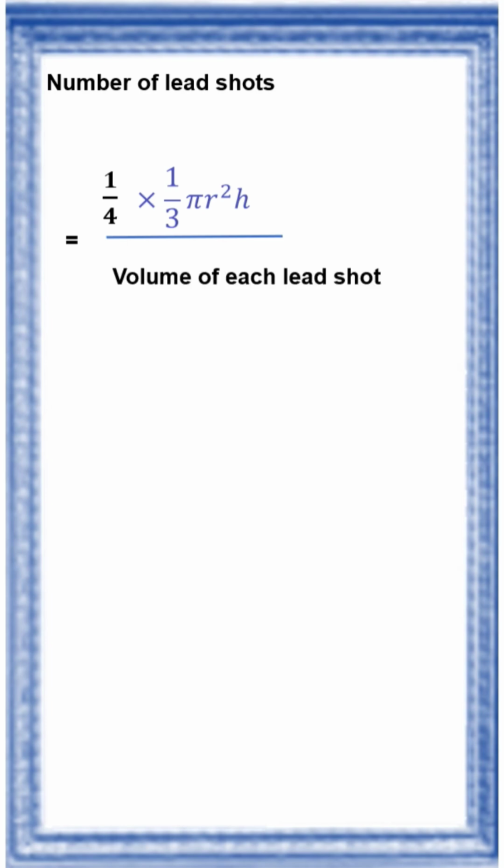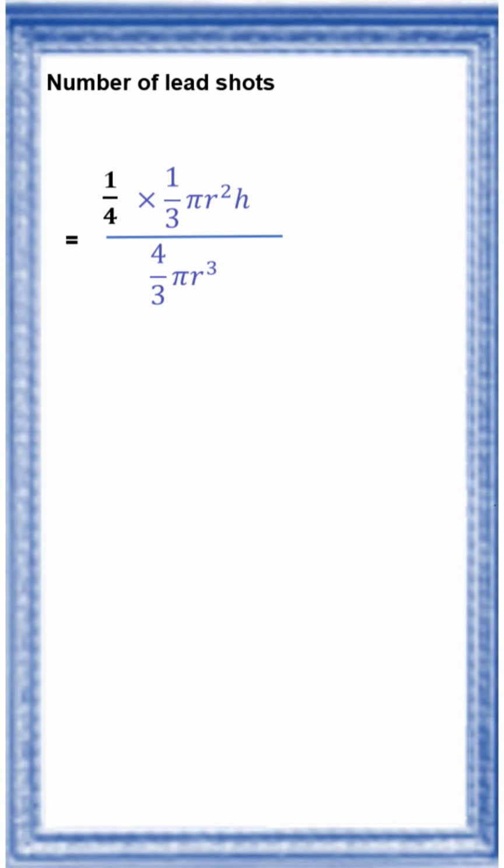So the number of lead shots is equal to 1/4 the volume of the cone. Now let us substitute the formula for the volume of the cone, that is 1/3 pi r square h upon volume of each lead shot. Let us substitute the value for volume of sphere, that is 4/3 pi r cube.